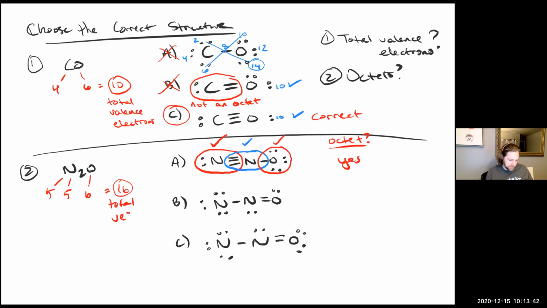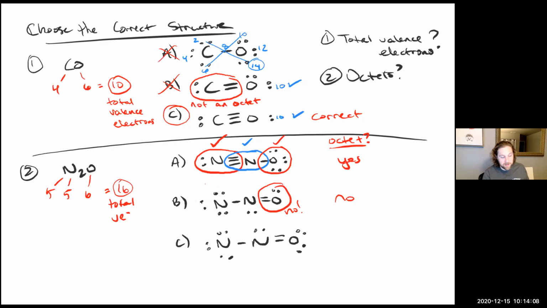Let's check the second one. This first nitrogen, yes. This middle nitrogen, 2, 4, 6, 8, yes. And that oxygen here, no. That oxygen only has 6, 2, 4, 6. It's missing. I'm going to erase these other 2 so we can see it.